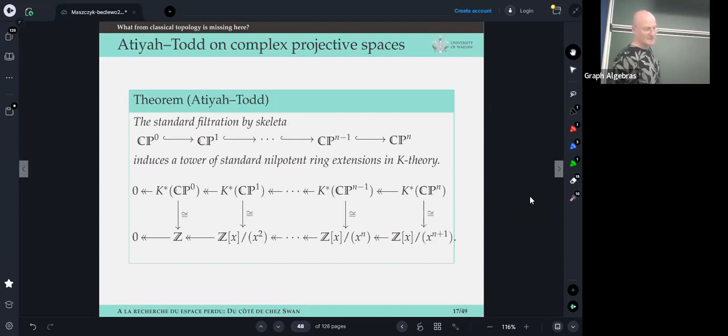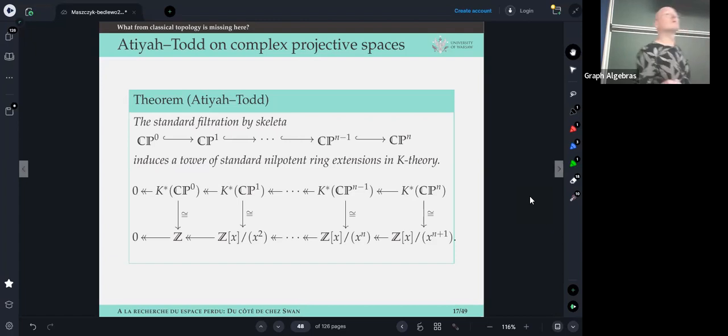Okay, so it is not strange that the representation theory of U1 is so powerful in this case, because these filtrations by skeleton are approximations of the classifying space of the group U1, which is the infinite complex projective space. So because of this universal nature of this construction, everything depends on the representation theory of U1.